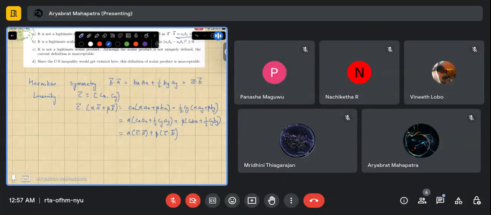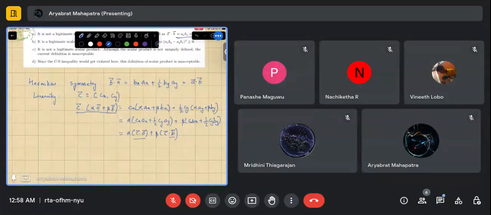I started with C inner product with the linear combination of A and B, and I'm getting alpha of C dot A plus beta of C dot B. So this is your linearity condition.